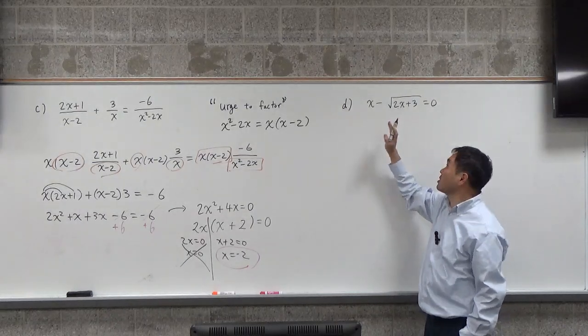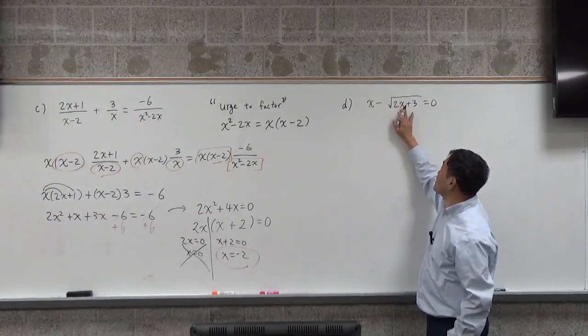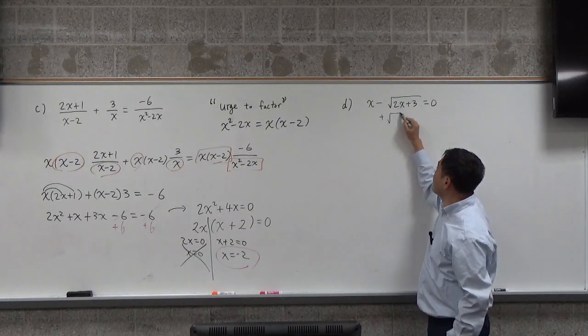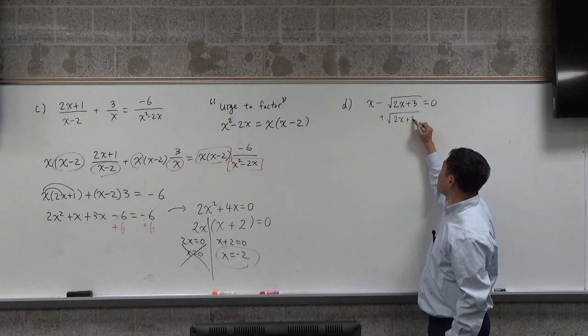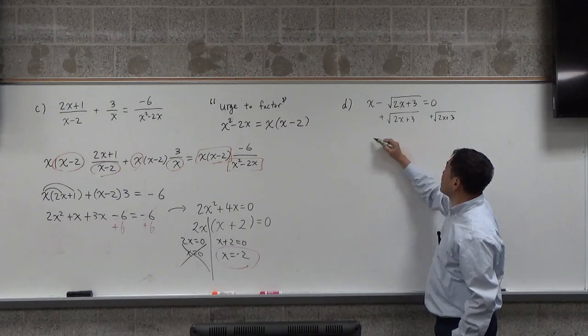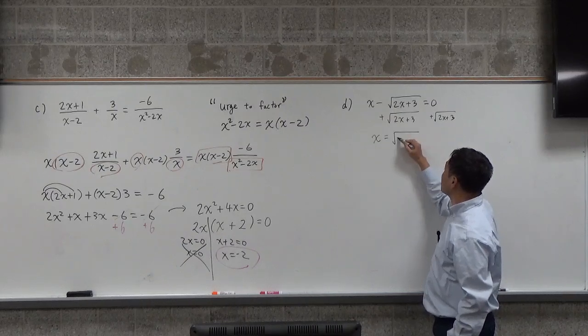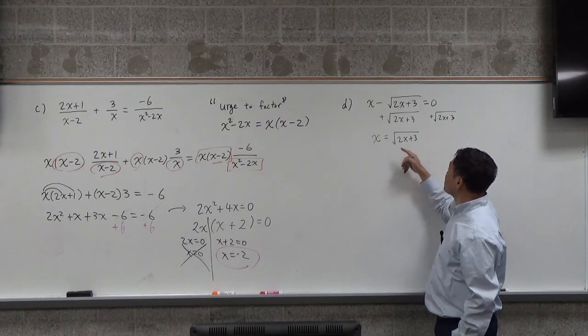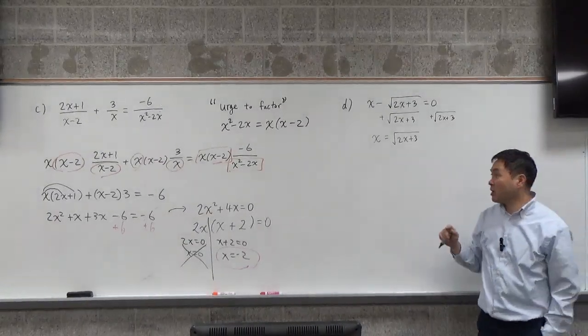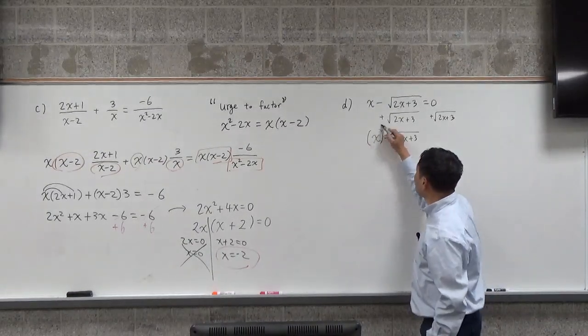The only way you can square this is if this is isolated on one side. So what we're going to do is add the square root of 2x plus 3 to both sides, so that x is equal to the square root of 2x plus 3, which now has the square root isolated. When the square root is isolated, then you're allowed to square both sides.